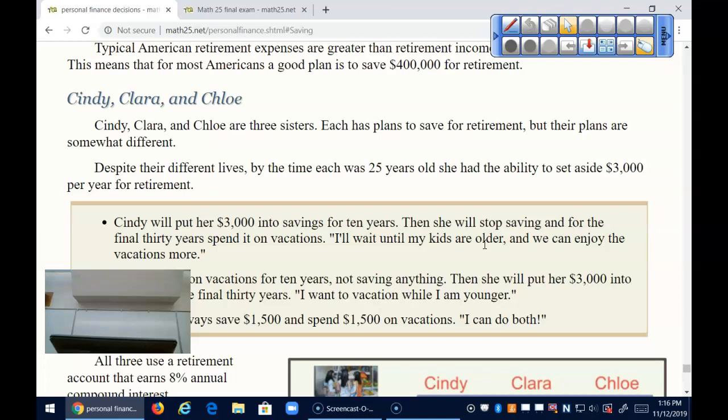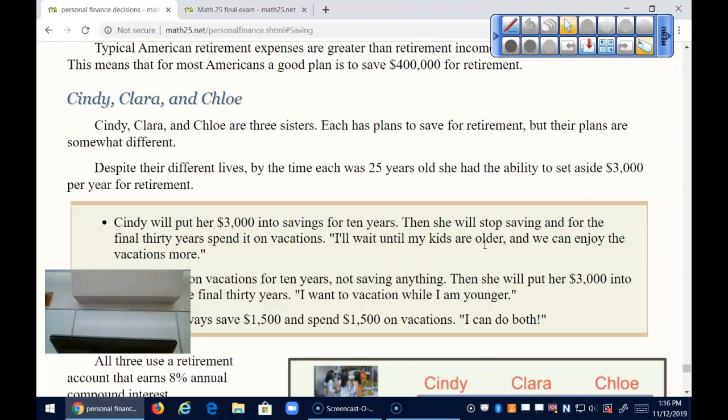So for the final 30 years, she has whatever is in her savings account and she just watches it grow. So what formula is that? Compound interest, because it's going to build year by year. So this is a two-part problem. Sum of annuity due for 10 years, compound interest for 30 years.